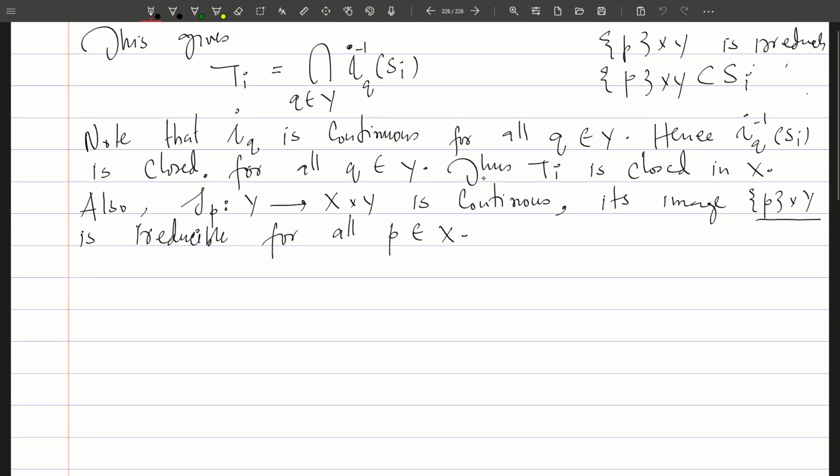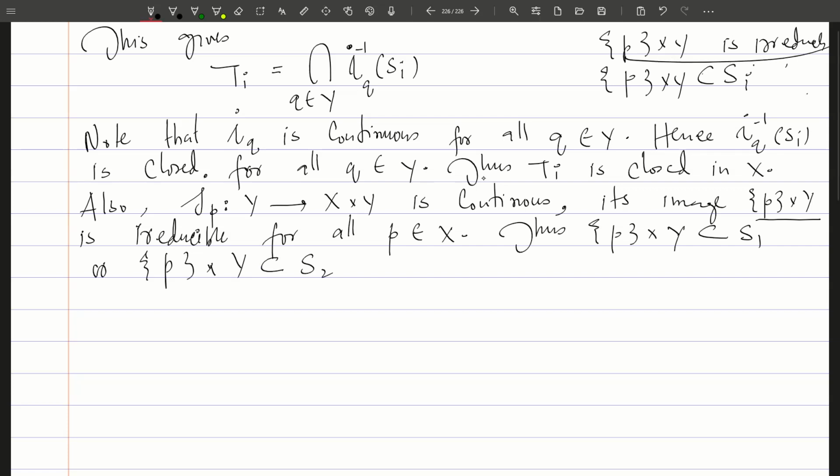thus, since this is true for all p in X, this would imply that the set p times Y is either contained in S1 or p times Y is contained in S2. The reason is that p times Y is irreducible because it is the image of a continuous map.